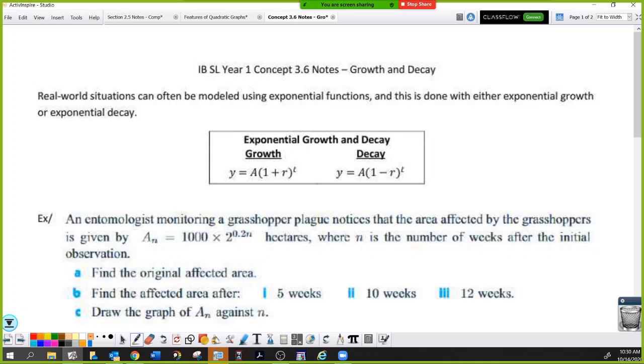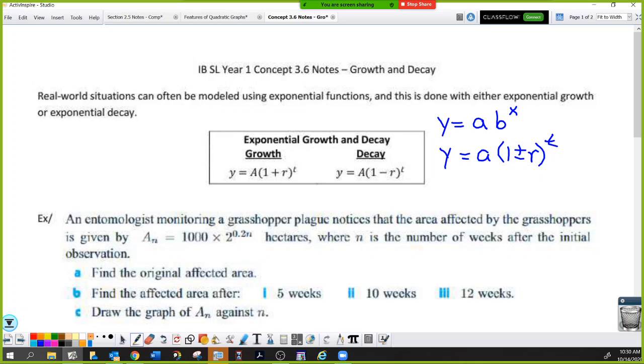So when we were graphing these things, we were dealing with this setup: y equals A B to the x. Correct? Well, A is still A, and instead of x, we use T. For us now, the base has been replaced with, instead of a number B, 1 plus or minus some other number.